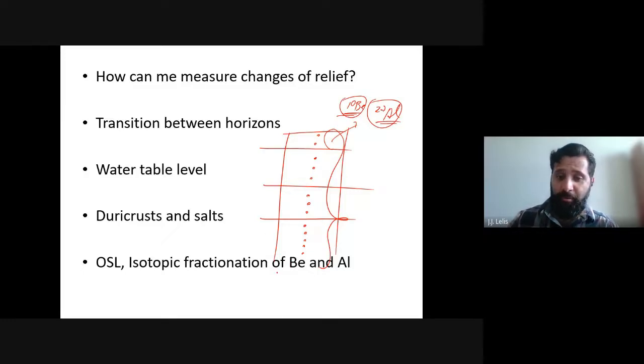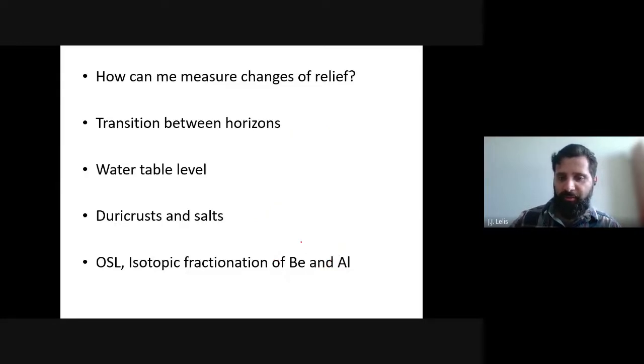Okay, we'll discuss this technique too. It's a very good technique, but it's very expensive too. So we usually don't find several studies using this technique because it's very expensive. But it's very useful, especially if you are trying to reach older periods of time.